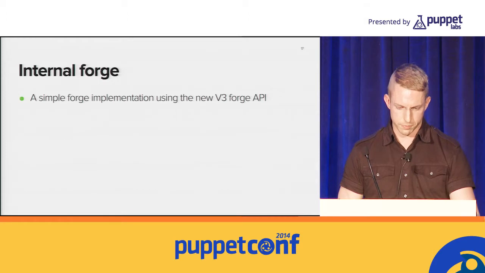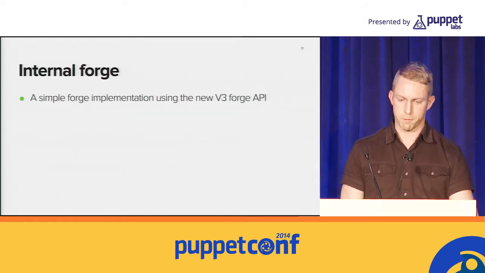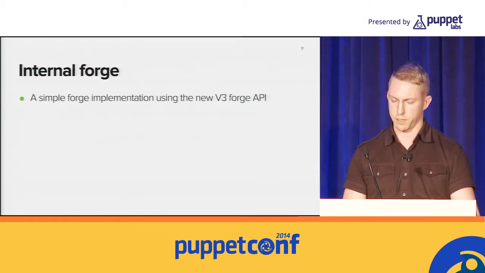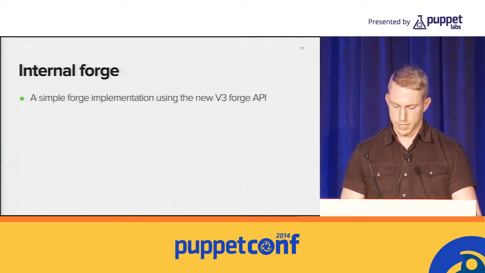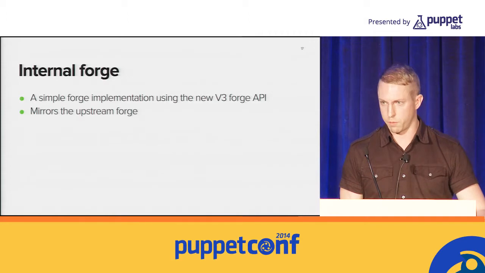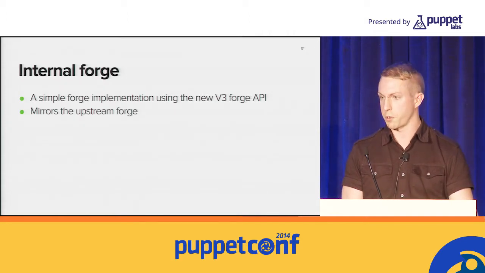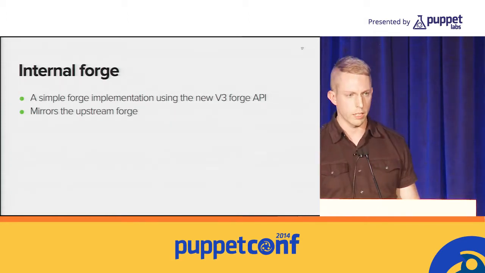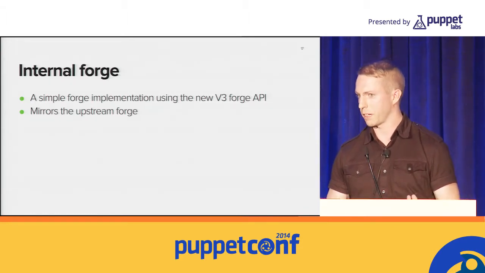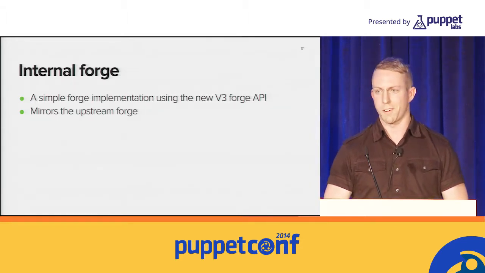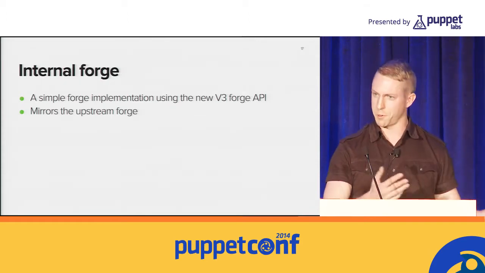So we've created a simple forge implementation using the new version 3 Forge API. It mirrors the upstream forge. So even when we're installing publicly available modules, we don't want to rely on the Puppet Labs forge being up.